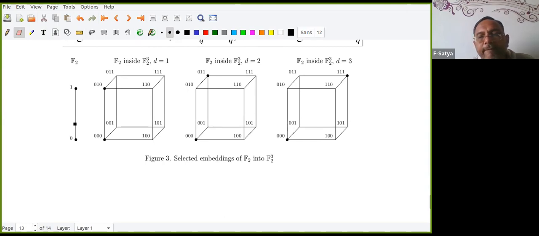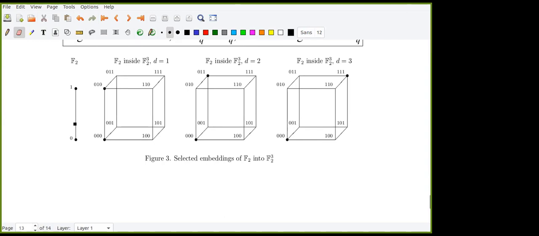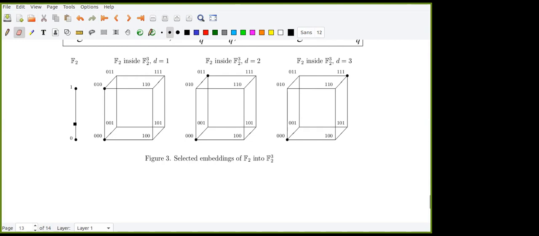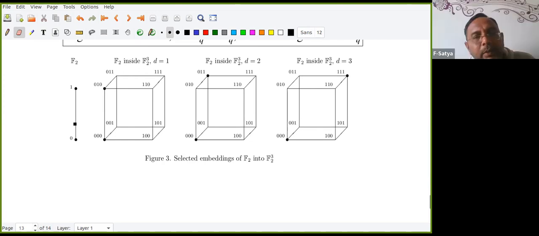Maya, you are telling me a little ahead. I am asking what the domain and codomain are. So the domain is F_2 and the codomain is F_2^3.